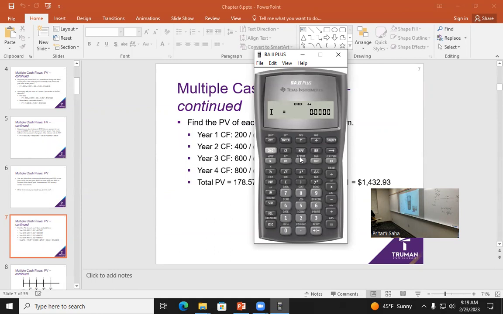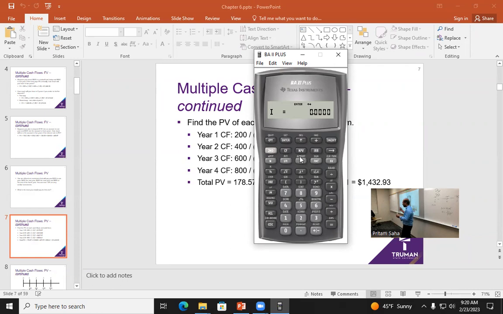Now let's compute NPV. So what is NPV? NPV means net present value. In our investment process, sometimes we invest money, sometimes we receive money, right? NPV is basically netting out all of your investments and receipts, plus and minus.